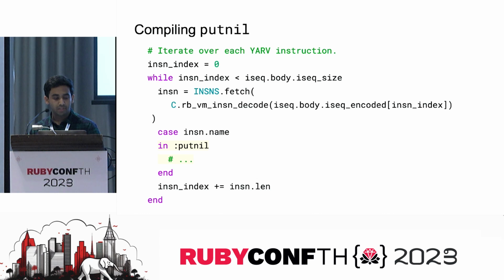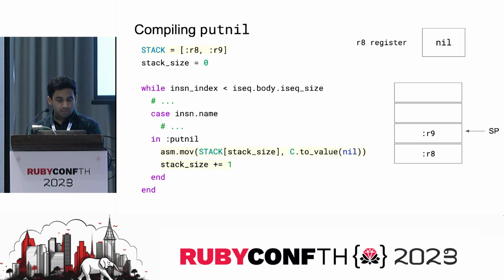And then we are going over each instruction and seeing which kind of instruction it is. Based on that, we will write our assembly. So in the case of put nil, we want to put nil onto the stack. But since a physical machine is not stack based, it's rather register based, we are mapping our registers to the values in the stack.